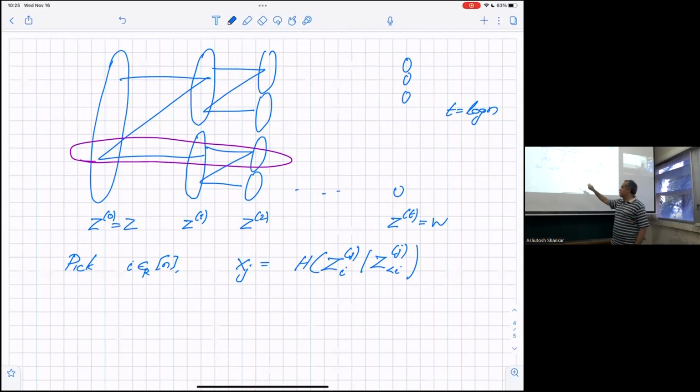Bernoulli and all have gone out of the picture. They are there, but they have all become deterministic only because I'm talking about entropies. The randomness for this process is the choice of the location.